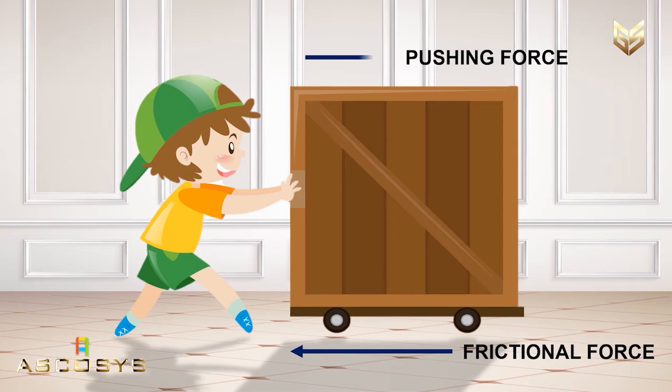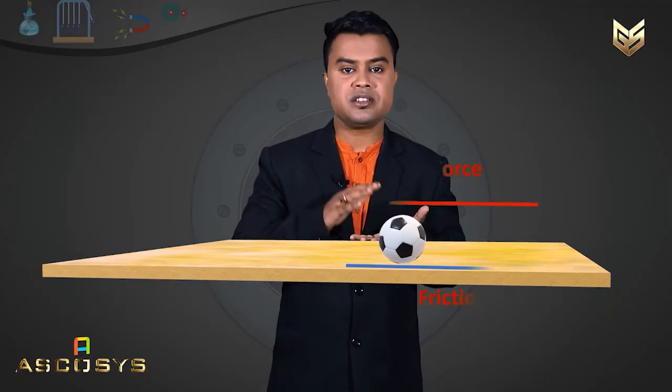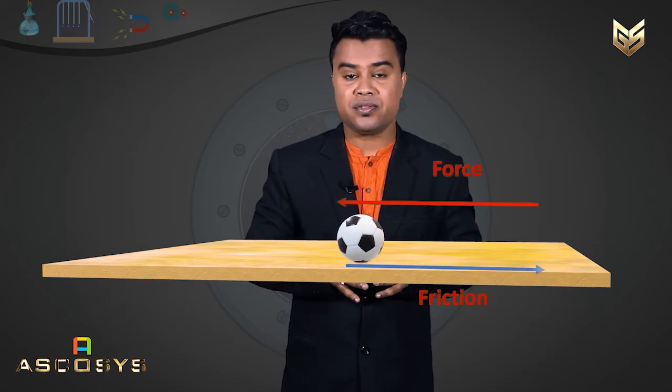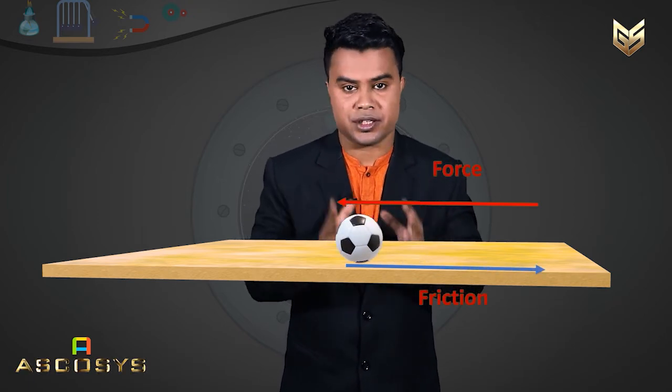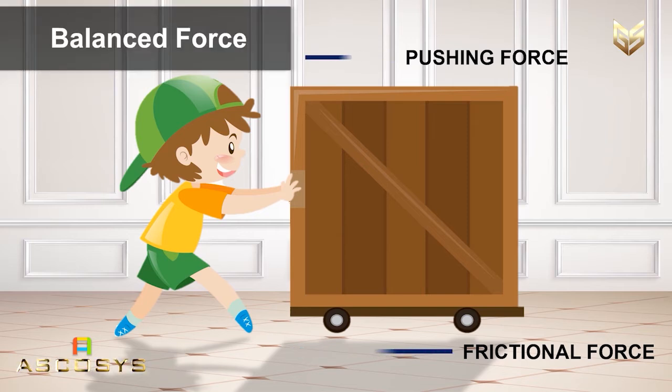That opposite direction force, we call friction. Whenever a body slides over any surface, there will be another force acting in the opposite direction, and that force we call friction, right? So when friction becomes equal to the applied force, then there is a balanced force. The body will not move.